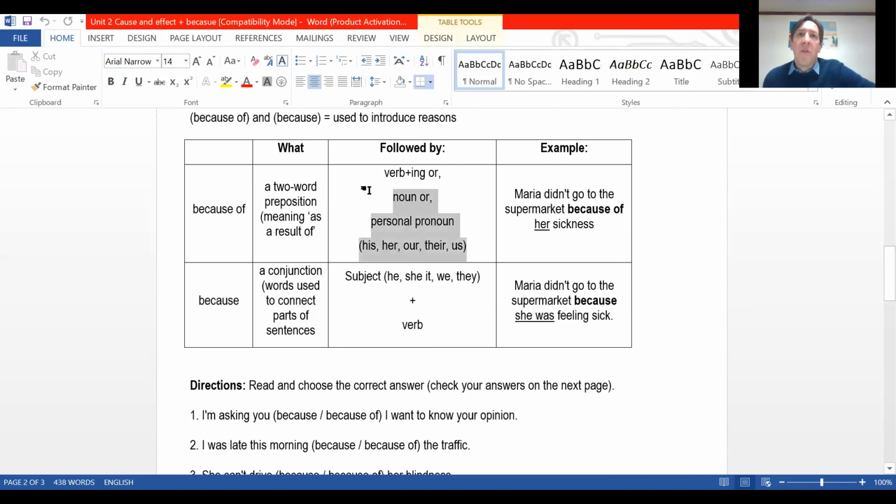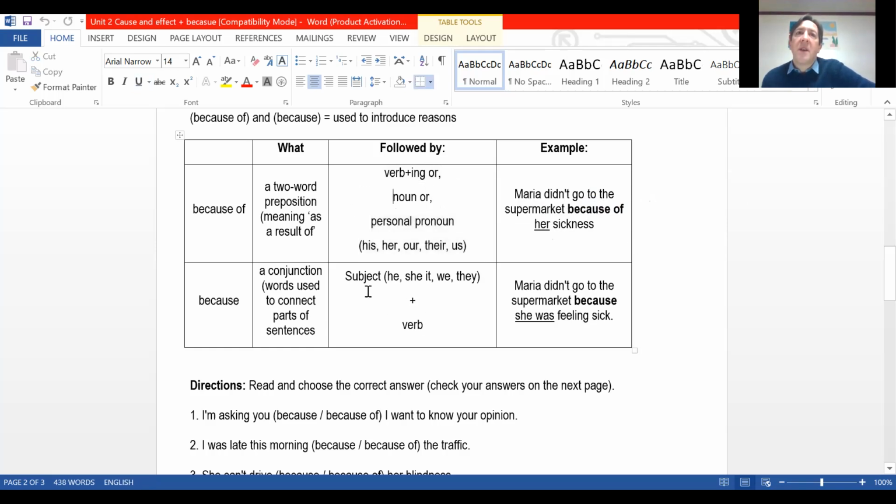After because of, usually you're going to have a verb with ing, or a noun, or a personal pronoun: his, her, our, their, us, etc. So for example, Maria didn't go to the supermarket because of her sickness. So that word her is a clue that it's going to be because of, because it is a personal pronoun.